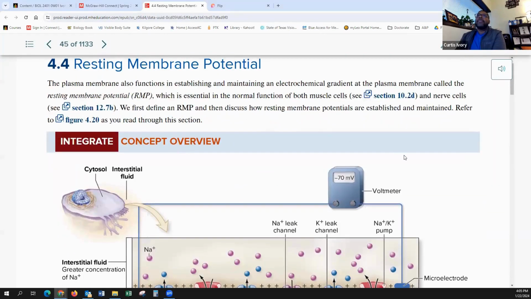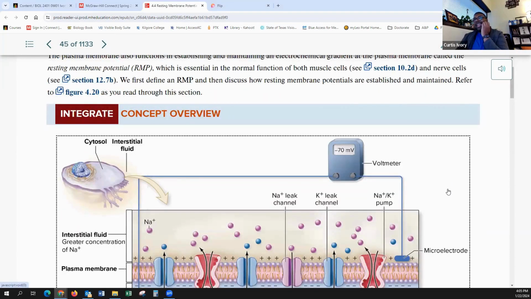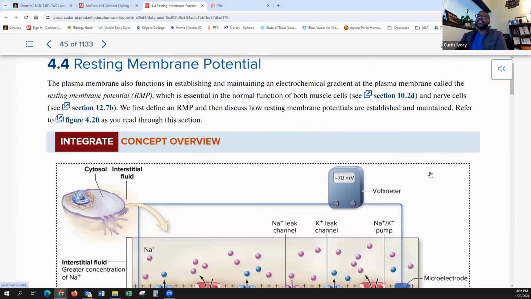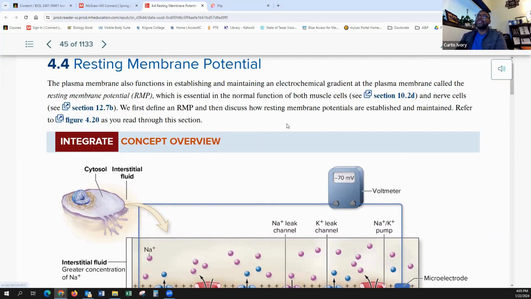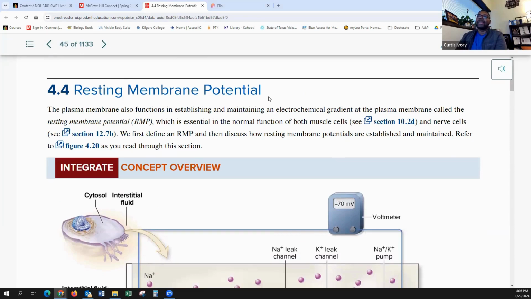So resting membrane potential. This is actually going back to the very beginning of the chapter. Resting membrane potential is essentially the membrane at rest. I know that sounds very intuitive, but that's actually what it is.